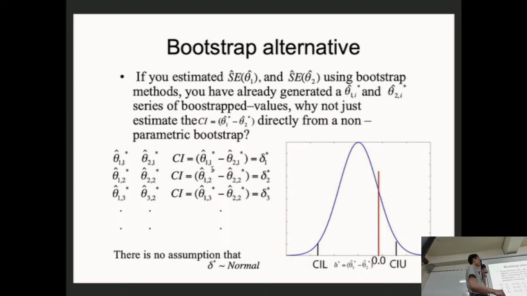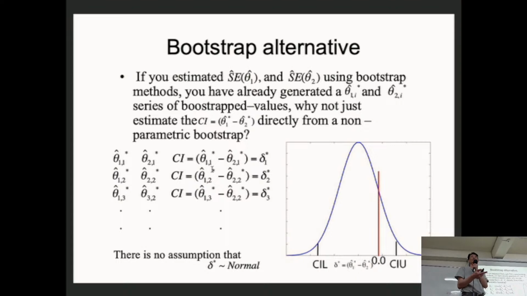Because you have many differences in mean, you should be able to generate the lower bound and upper bound of your difference in mean. Instead of generating a confidence interval of theta 1 hat or theta 2 hat, what we are doing now is generating the confidence interval of the difference in mean.